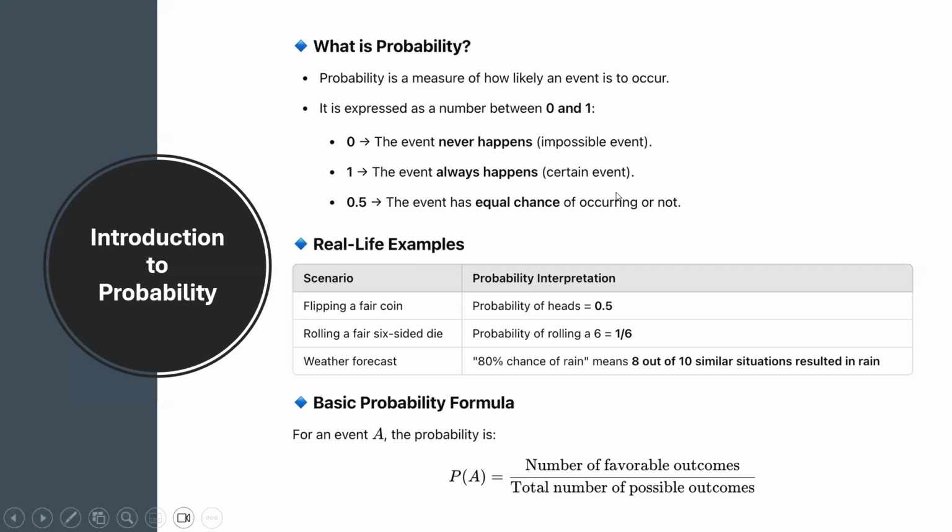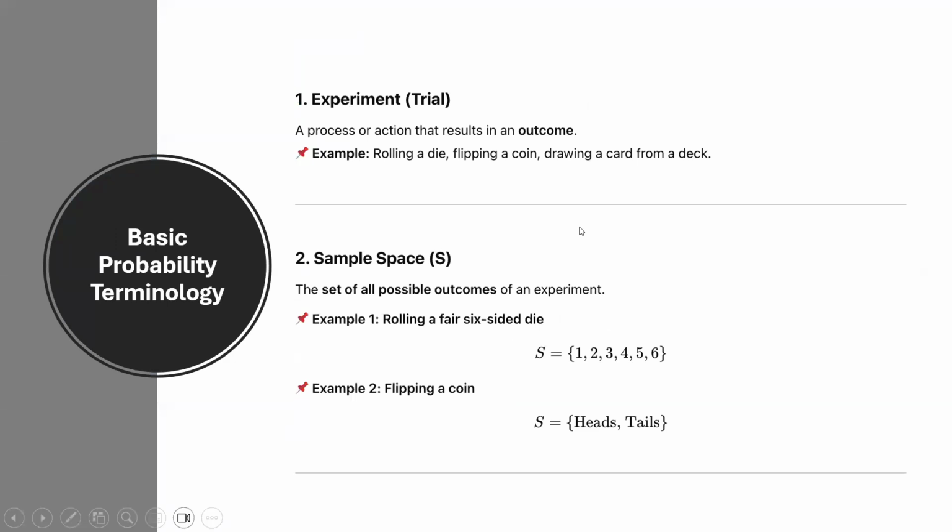Okay, let's move to the next slide. Let's get familiar with the probability terminology. If you are familiar with all the terminology, it'll be easy for you to understand a probability question. So what is an experiment or a trial? It's a process or action that results in an outcome. Examples can be rolling a die, flipping a coin, or drawing a card from a deck.